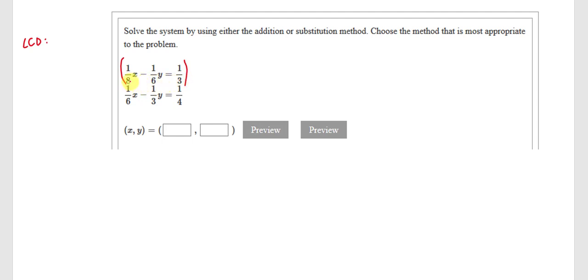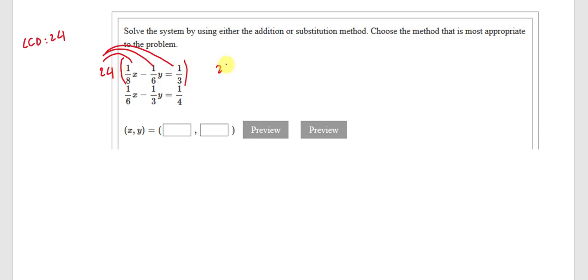So 8 times 2 is 16. You cannot divide by these twos. How about 24? Yes. 24 can divide by 8, by 6, and also by 3. Okay. So I multiply 24. Make sure I do the distribution to all of them.